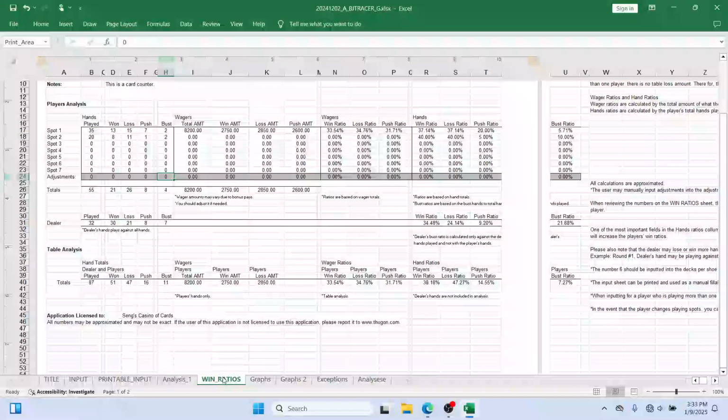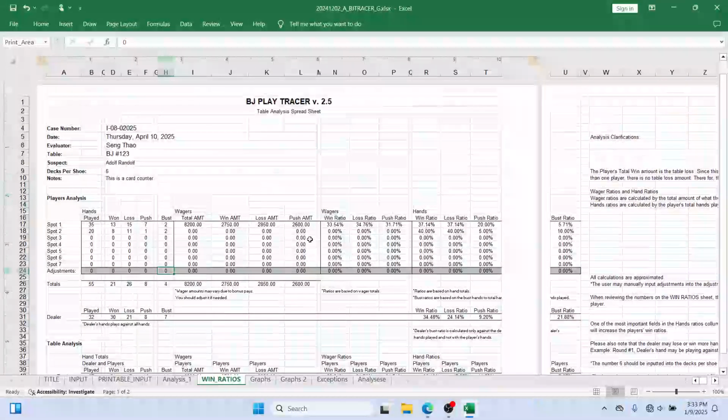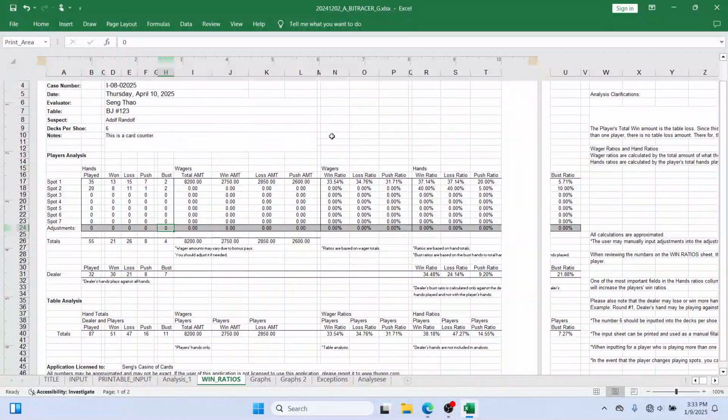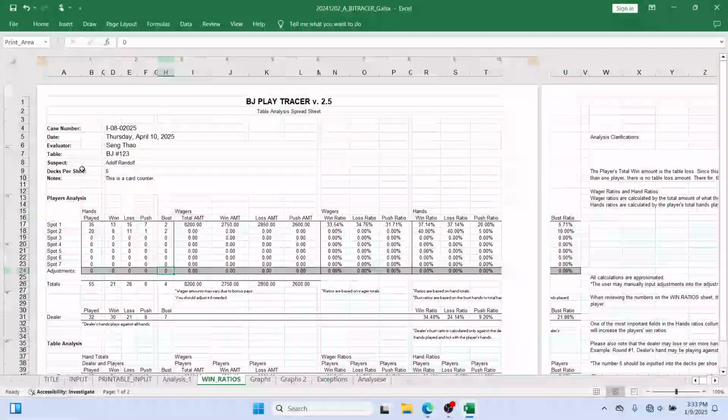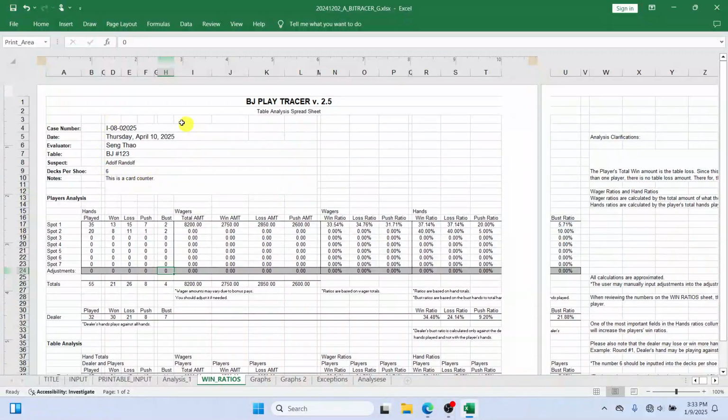Now on the win ratio tab, what the software does is calculate the win ratio. For example, it pulls over the data that we inputted here. Players analysis: for spot 1, this person played 35 hands, won 13, lost 15, pushed 7, busted 2. Total wagers $8,200.